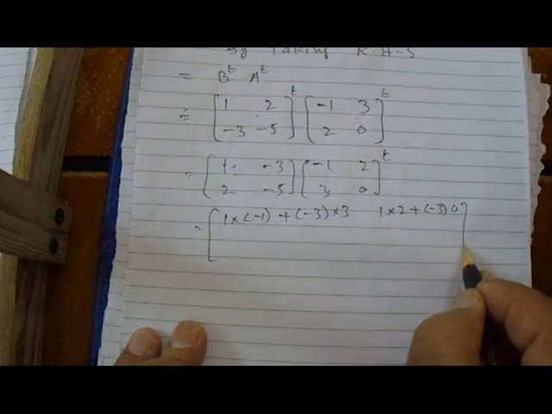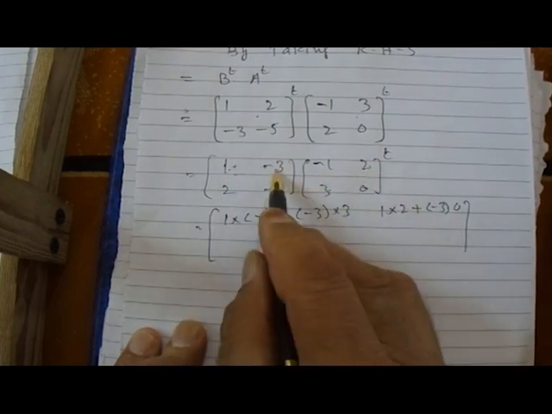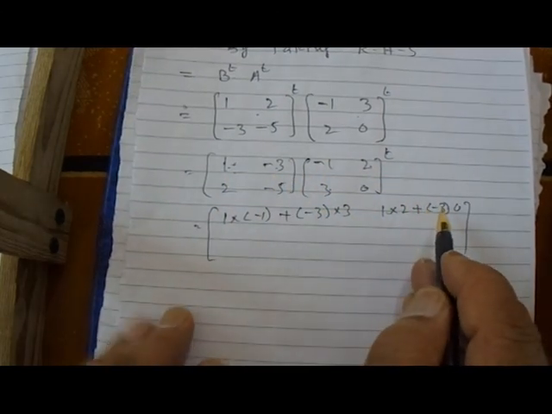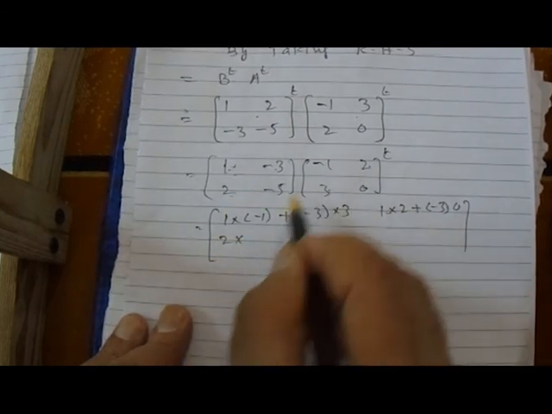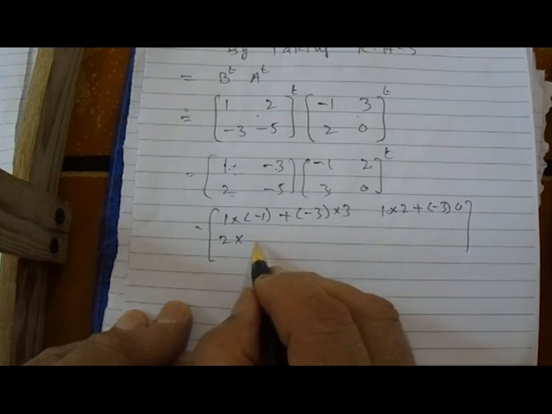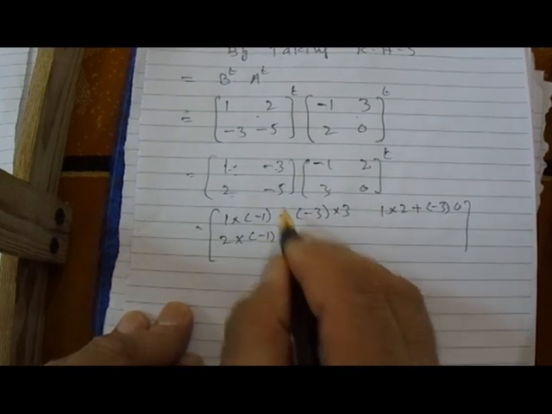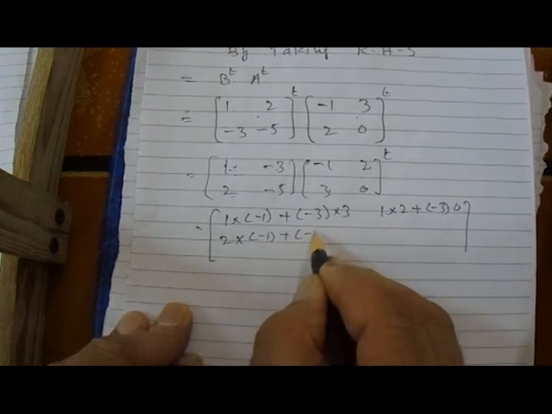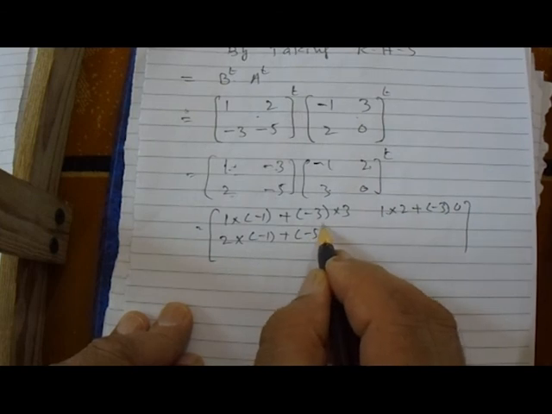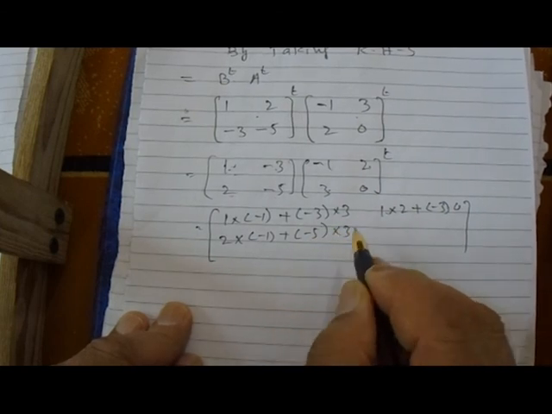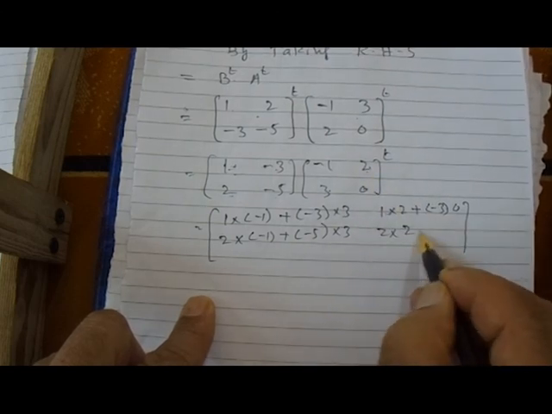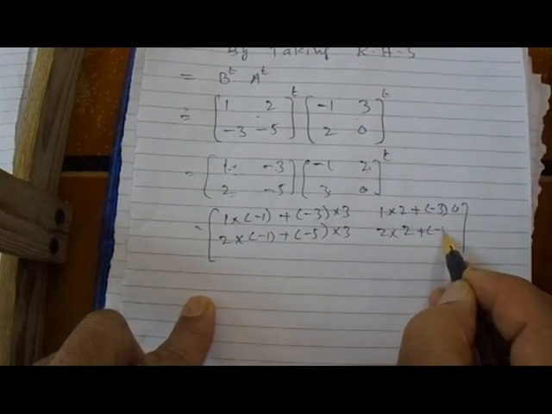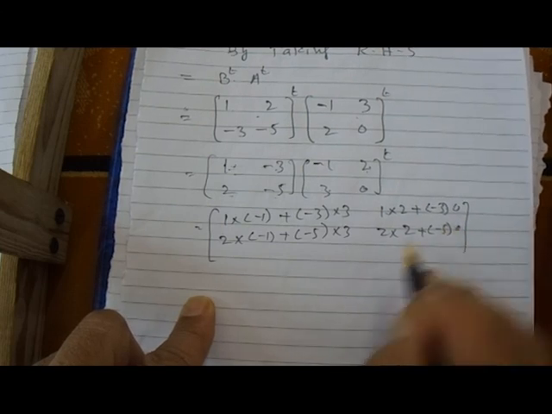Again 2 multiplied by minus 1, plus minus 5 multiplied by 3, and 2 multiplied by 2 plus minus 5 multiplied by 0.